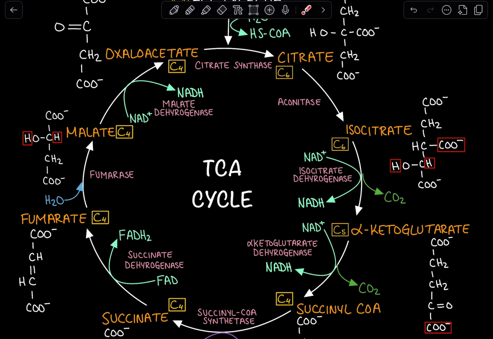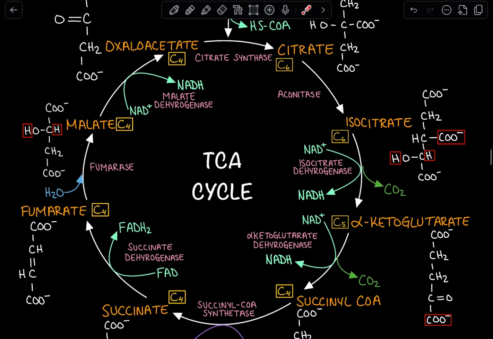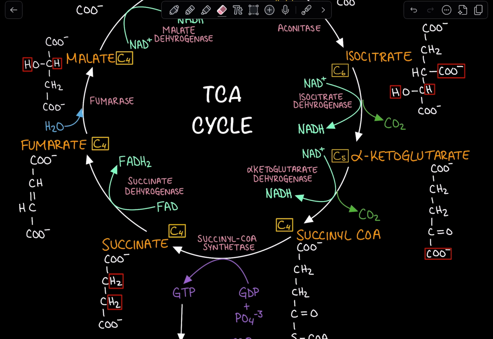Now, we lose a carbon group, and specifically, we're losing this carbon group over here, and we're losing it as carbon dioxide. We've got the carbon, we've got the two oxygens, and we've lost it as carbon dioxide, and in this step, we've created an NADH. Once this reaction has undergone, we form the molecule alpha-ketoglutarate, which is now a 5-carbon molecule.